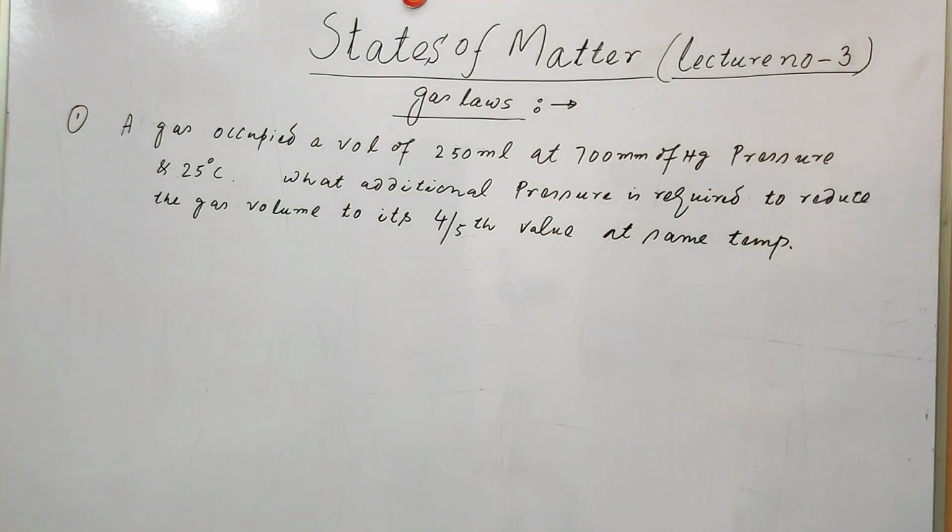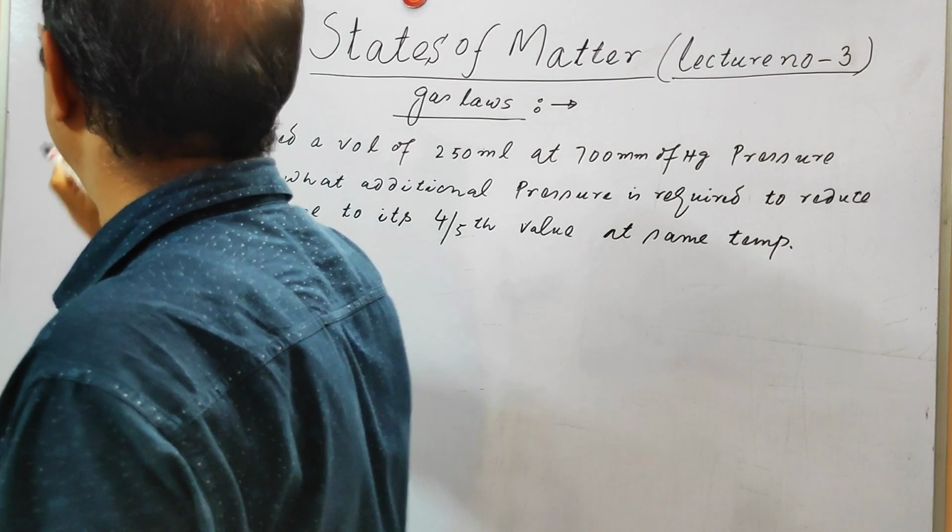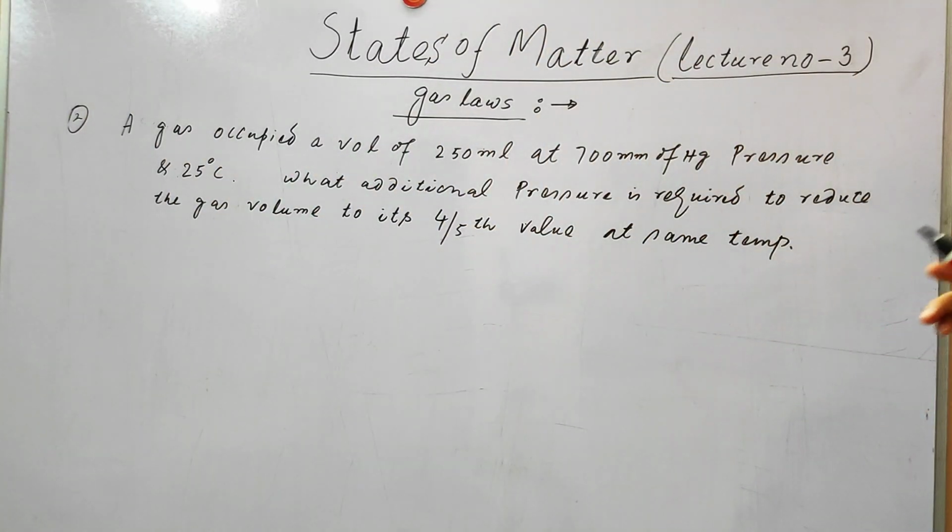This is another numerical you can see. A gas occupied a volume of 250 milliliter at 700 millimeter of Hg pressure and 25 degrees Celsius.